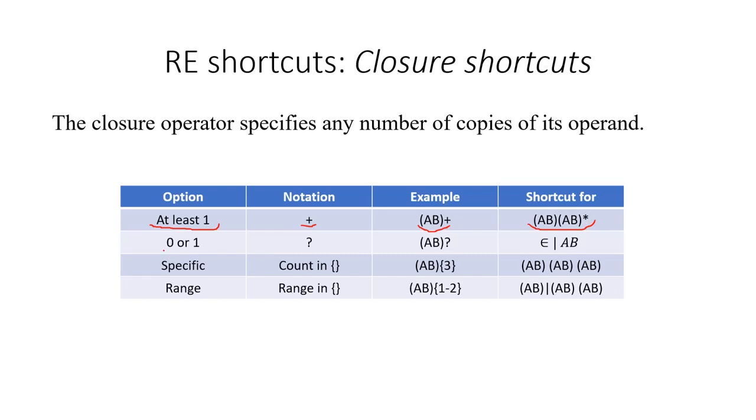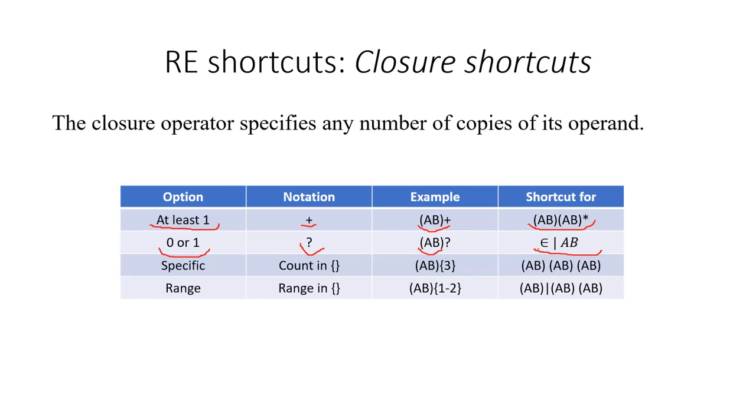The next option is 0 or 1. We use the question mark for that, and here AB may repeat 0 or 1 times only. The simple regular expression for that would be just using the OR operator with the empty element or AB.